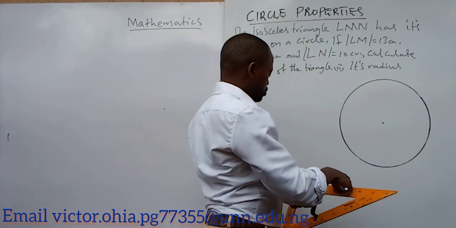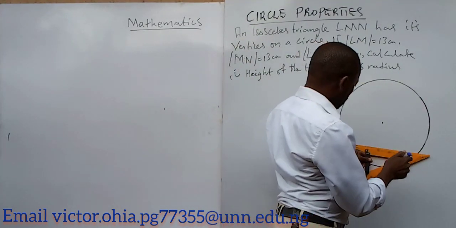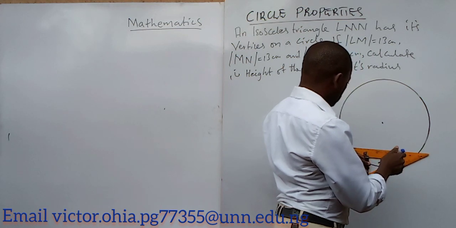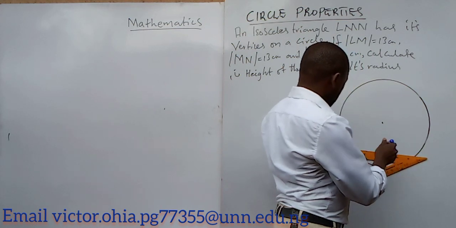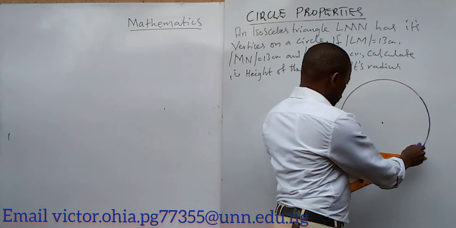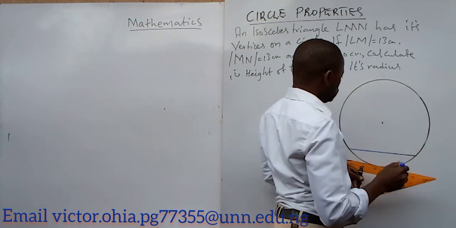Now we are being told about an isosceles triangle. You realize that an isosceles triangle has two sides equal.